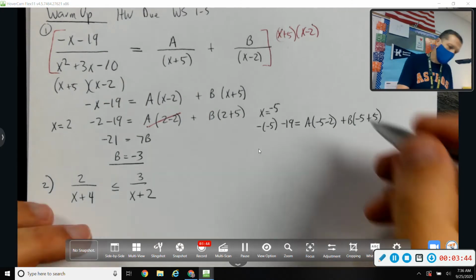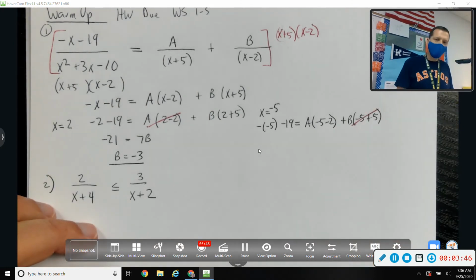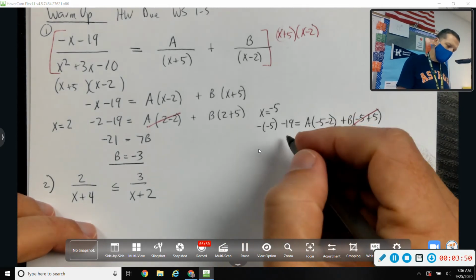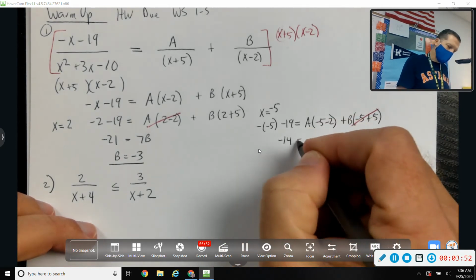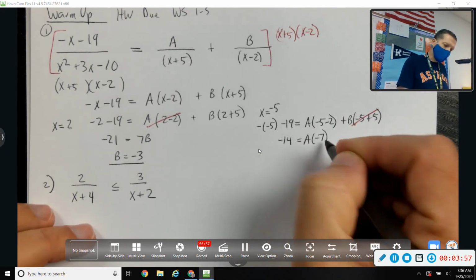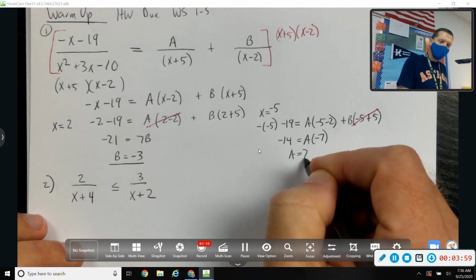And of course, there's why we picked negative 5. That one's gone. Careful here. Negative 5 minus 19 would be negative 24. Negative 5 minus 2 would be negative 7. So a equals 2.